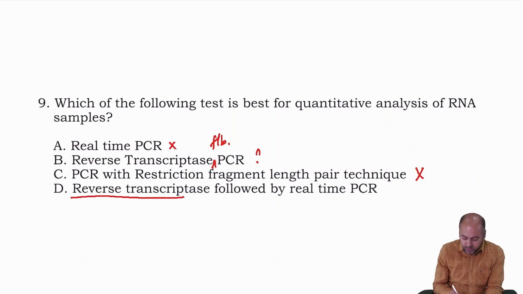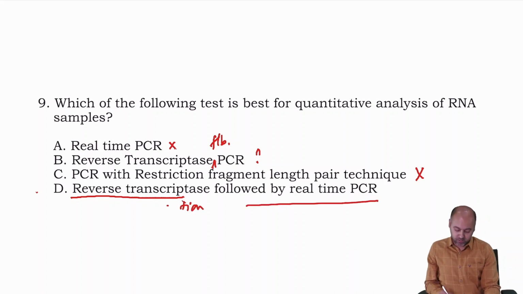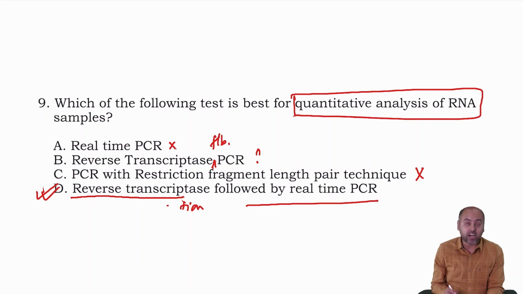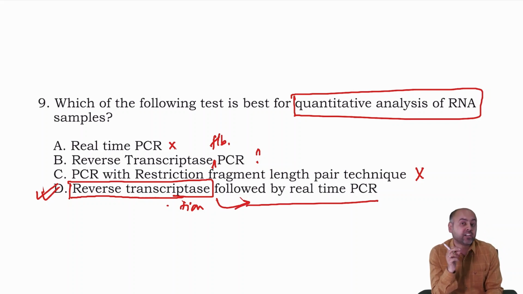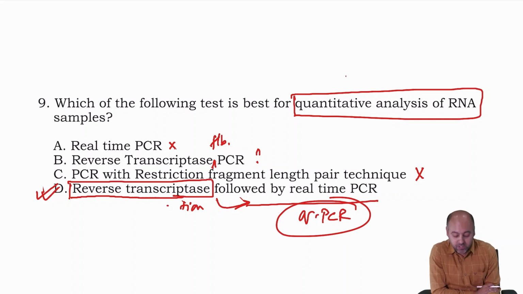Reverse transcription followed by real-time PCR is the best and the most suitable answer, because real-time PCR is also known as quantitative PCR. So first you convert the RNA into cDNA, then you use the cDNA as a template for the PCR, and by performing the qPCR, you can do the quantitative analysis of RNA samples. So D would be the best possible answer.